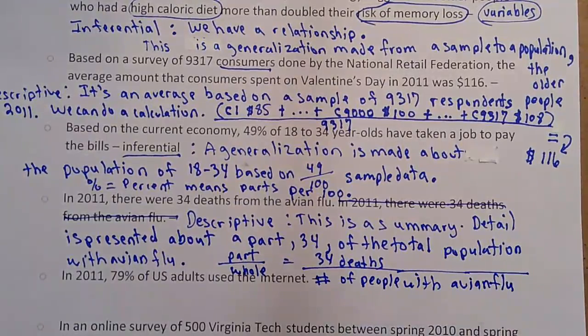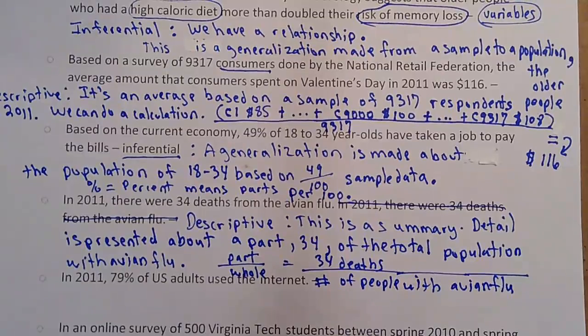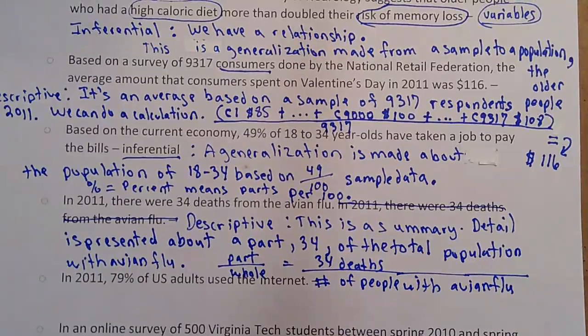So you've got this group of people that would have the flu, and not everyone's going to die from the avian flu, and they're noting that 34 of them did. But this is the summary of a fact they're making, a detail. So this would be considered descriptive, okay?